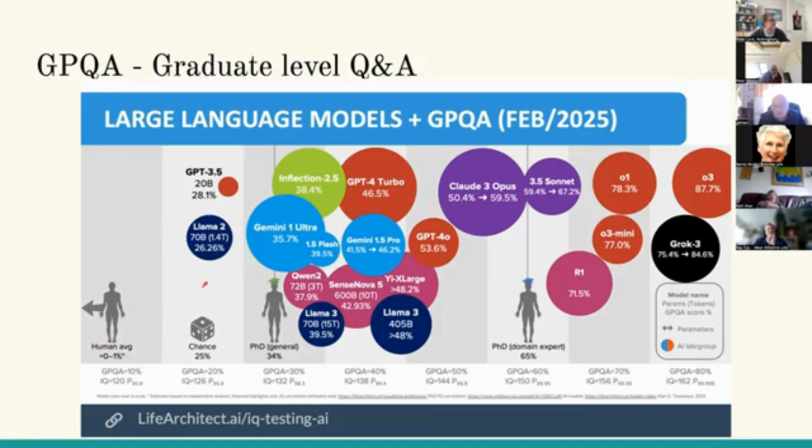So we talk about the very early models, and they're really in the realms of just throwing a dice and sometimes getting the right answer. But as we go through more recent, bigger models, we can see that some of them are getting the same sort of answers as a general PhD student. And here we've got our PhD domain expert, the person who writes the textbooks. And we can see even some models are now exceeding the PhD domain expert for this particular type of benchmark.